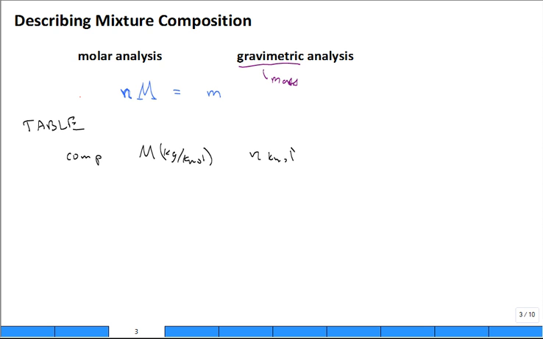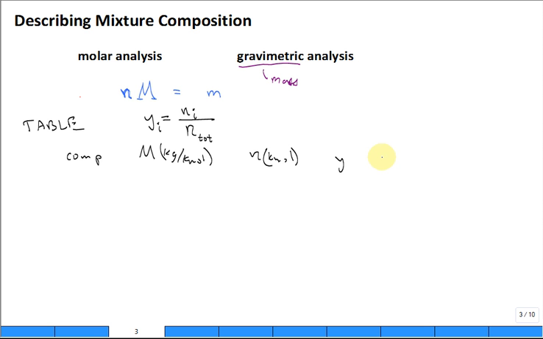The order of the table isn't as important as the information in the table. y is a mole fraction. y_i is the number of moles of the species or component i divided by the total number of moles. Sometimes we'll put a TOT for total. Sometimes just leave it off. N without a subscript is the total number of moles in that gas mixture.